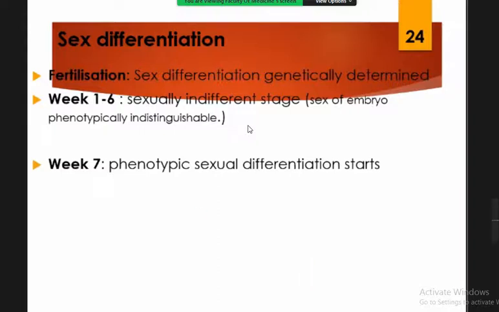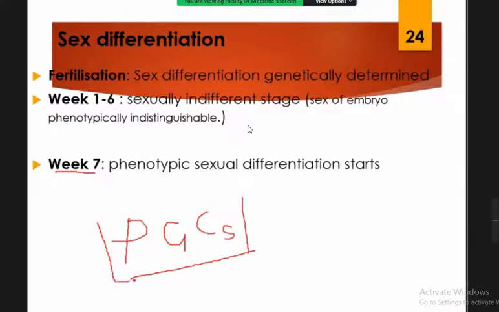It's because at this week 7, we are going to see that our primordial germ cells, remember the PGCs, we covered these when we were talking about spermatogenesis and oogenesis. At the earlier point in time, the primordial germ cells were not anywhere near the developing gonads.